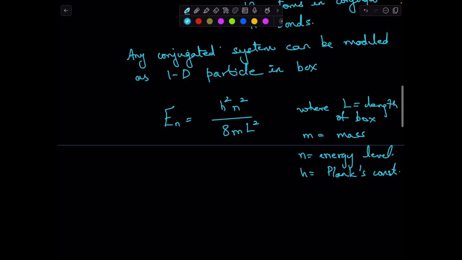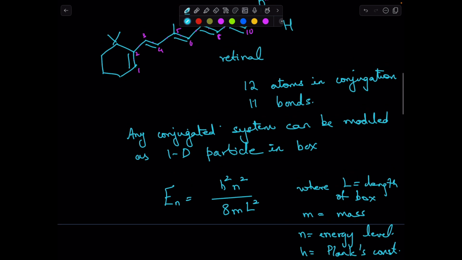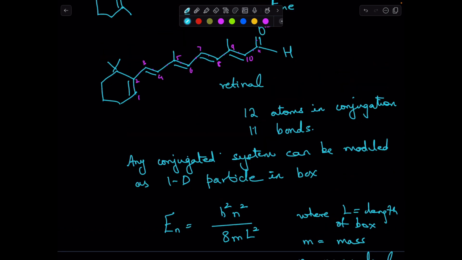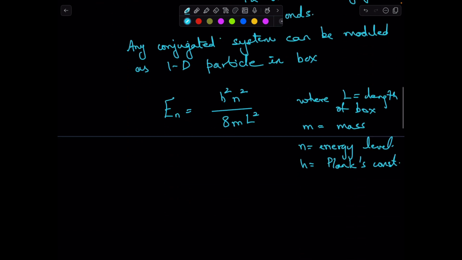In the ground state of retinal, each level up to n equals 6 is occupied by 2 electrons. We have to find the separation in energy between the ground state and the first excited state when the electron occupies n equals 7.